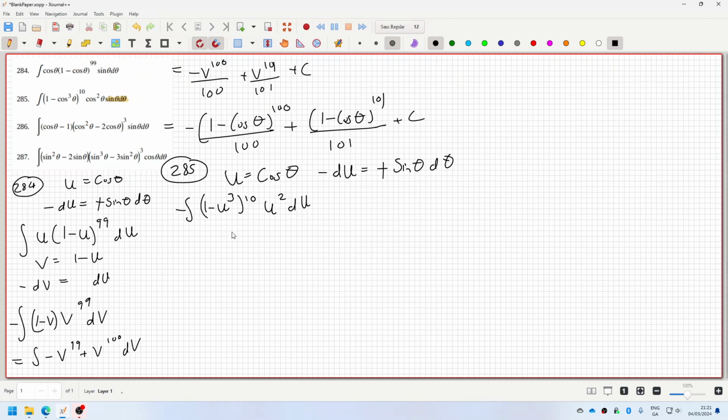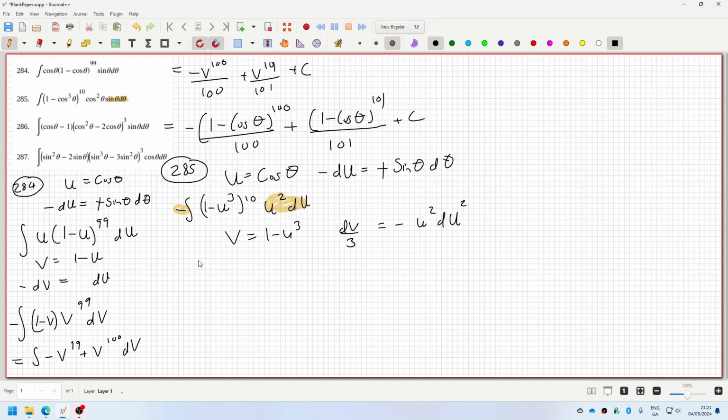So the same trick again, v equals 1 minus u cubed. That means dv du equals minus 3u squared. So dv equals minus 3u squared du, which is good because I have u squared du and a minus. So if I just divide by 3, I can get dv equals minus u squared du, which is what I have, minus u squared du.